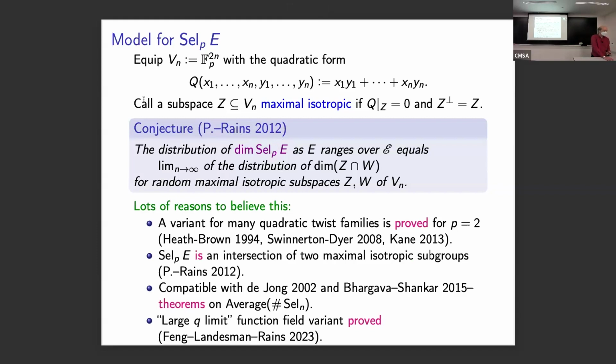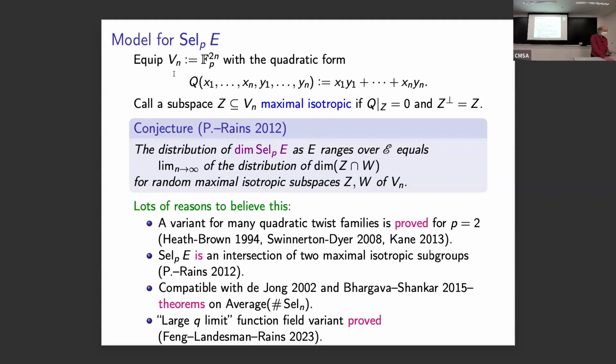So here's the linear algebra model. Forget elliptic curves for a second. We'll just start with a finite field Fp. Take a 2n-dimensional vector space over Fp and equip it with a quadratic form. My coordinates on this vector space are x1, y1, up to xn, yn, and I'll take the standard hyperbolic quadratic form, the sum of xi yi.